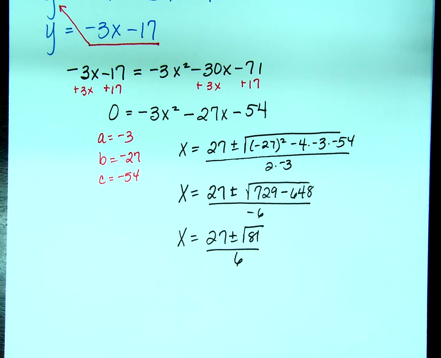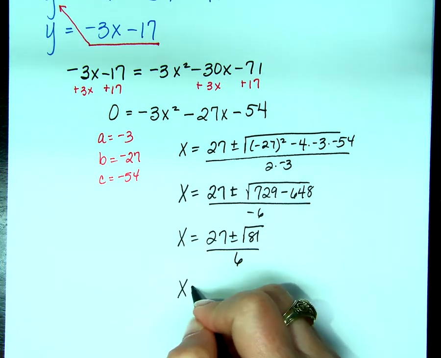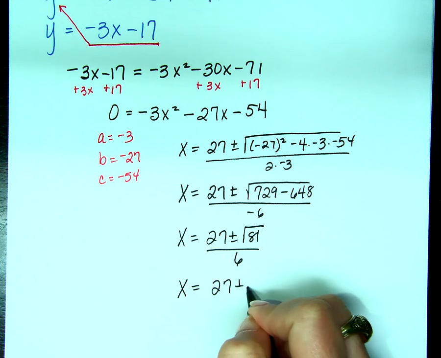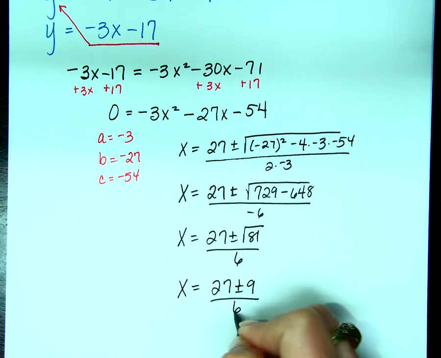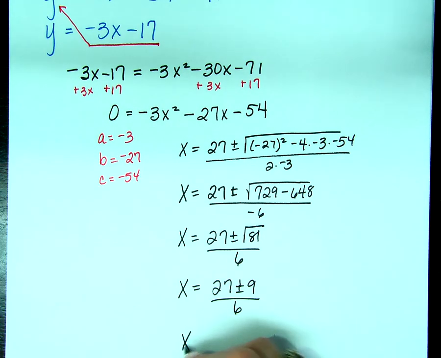That's nice, isn't it? Don't we know the square root of 81? x equals 27 plus or minus 9 over 6. What's 27 plus 9? 36 divided by 6. What's 27 minus 9 divided by 6? 3.